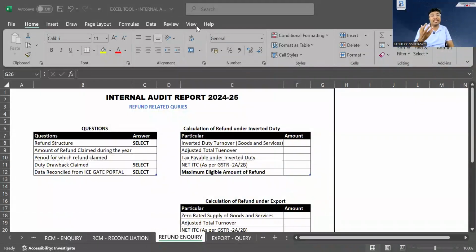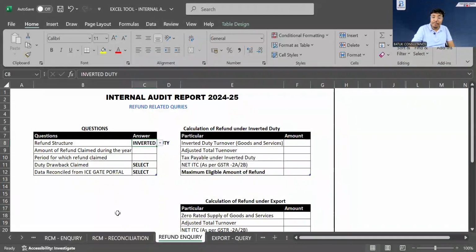Many more parameters are also there, in case of deemed export, in case of section 77. So multiple reasons are there for refund, but these are the two very famous, very popular ones. Now we just need to select under which structure you have filed the refund application, under inverted duty structure or under export.